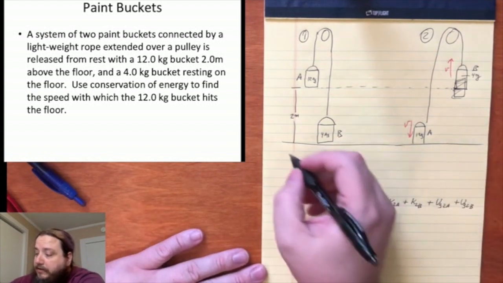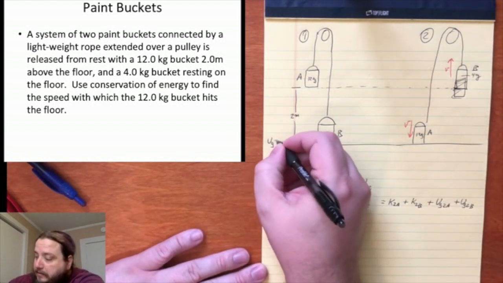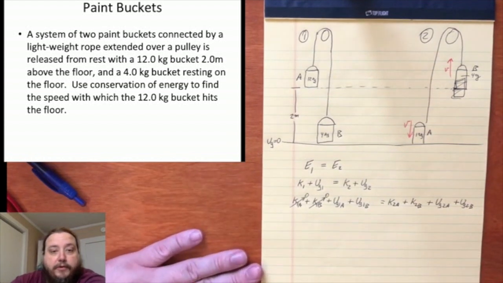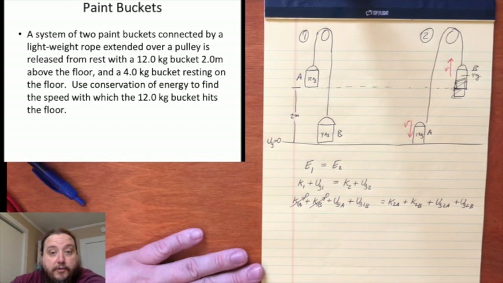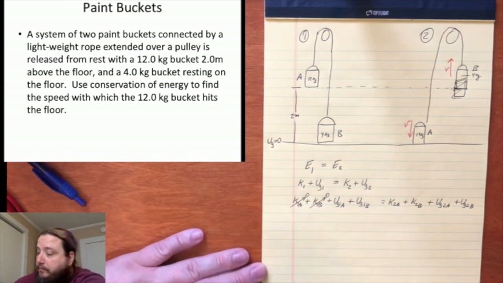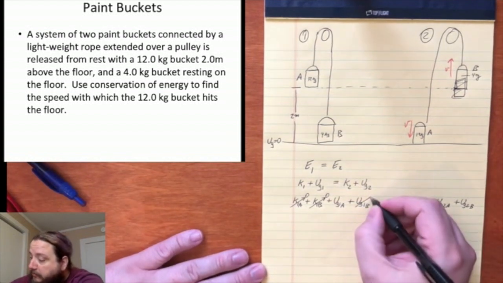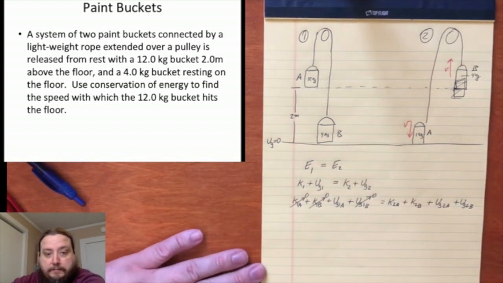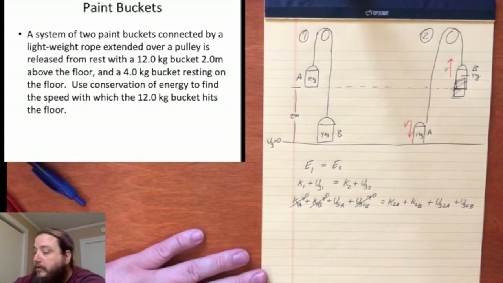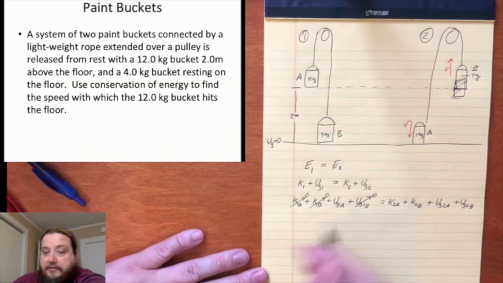Also, if we define the 0 point for our gravitational potential energy to be when a bucket is on the ground, then at this point here, moment 1, bucket B has no gravitational potential energy either because it is on the ground. And so that would be 0. And the only thing we're going to be left with is the gravitational potential energy of bucket A.